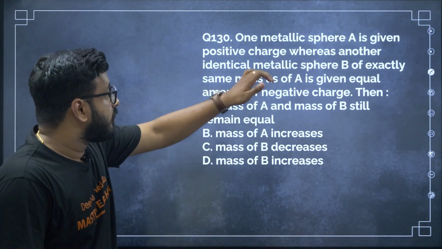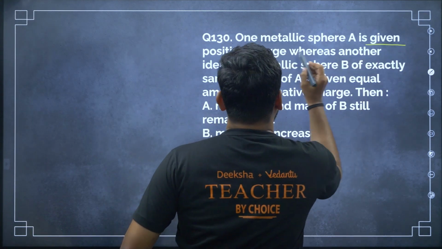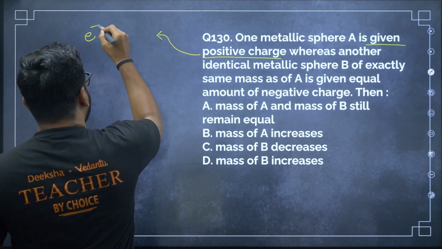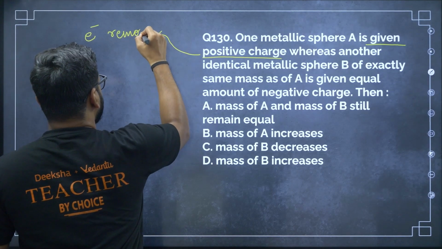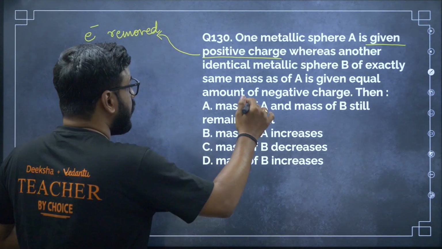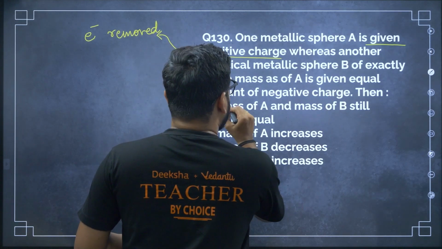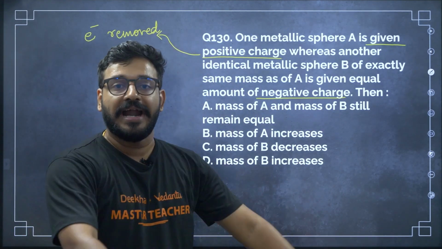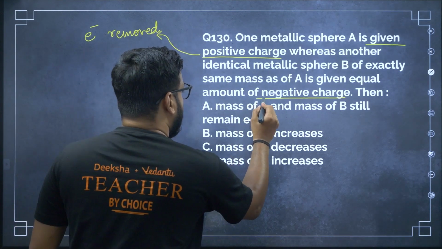If a body is given positive charge, this means electrons are removed, and if it is given negative charge, electrons are added.